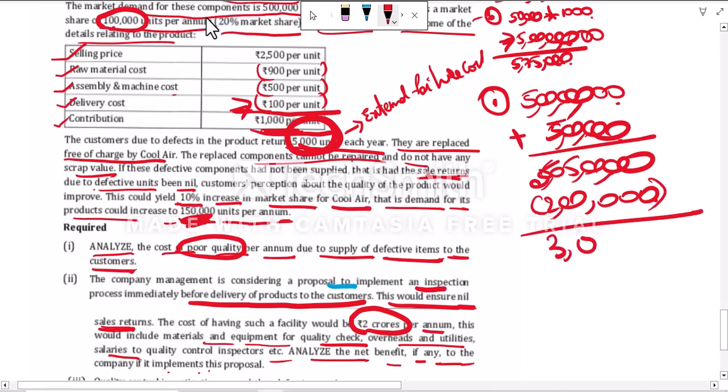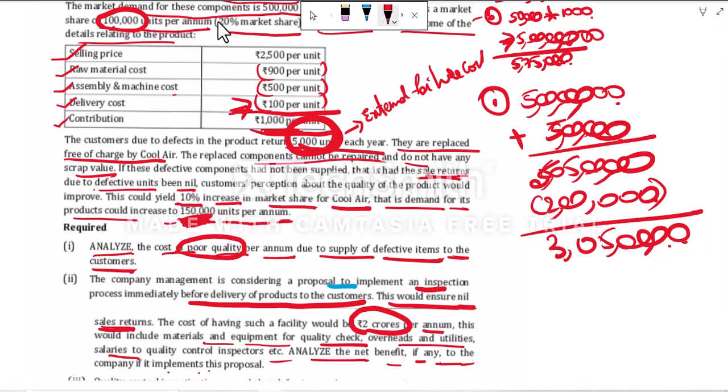3 crore 5 lakhs. Is this the correct amount? No. See, they were not incurring this 100 per unit, but they have manufactured an extra 50,000 units. In that, how many defective products will be there?